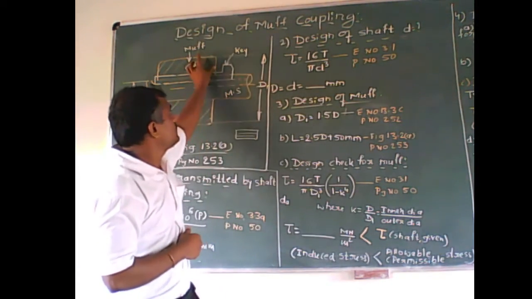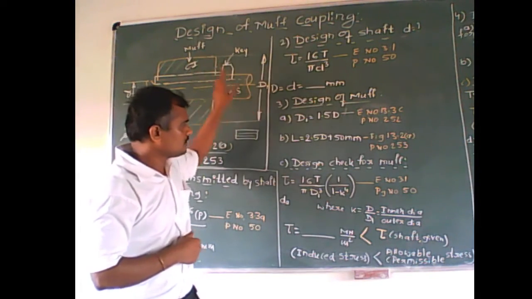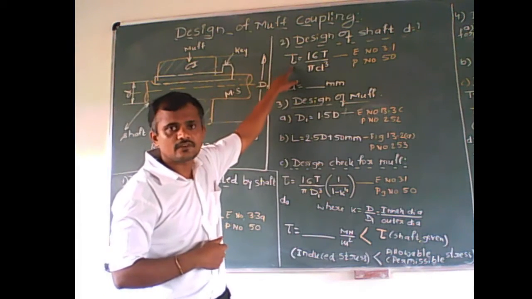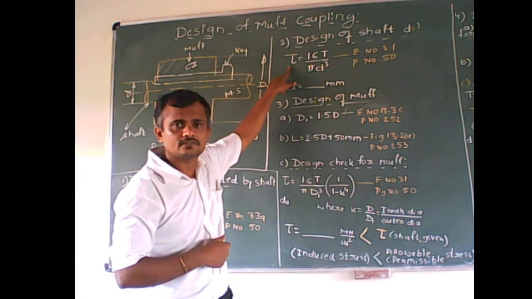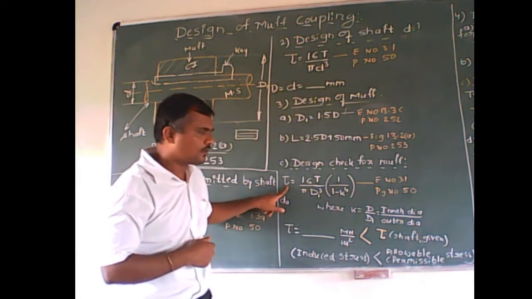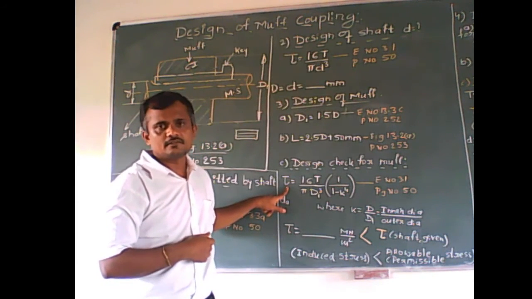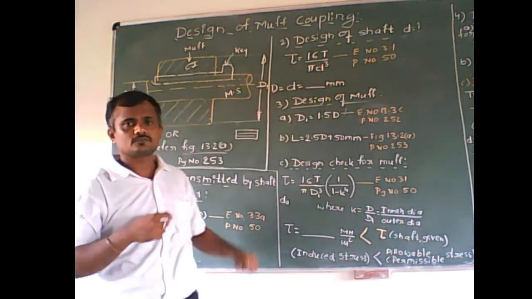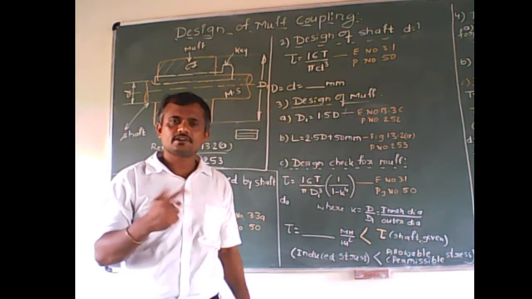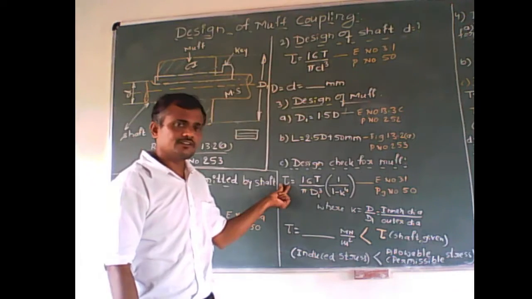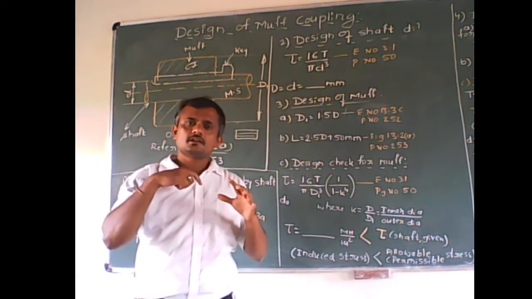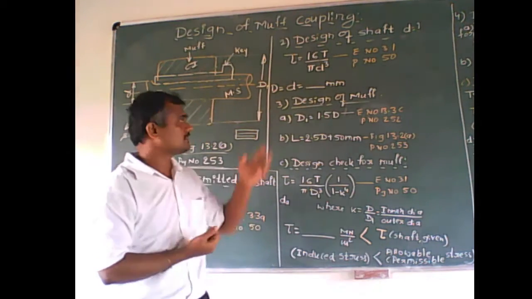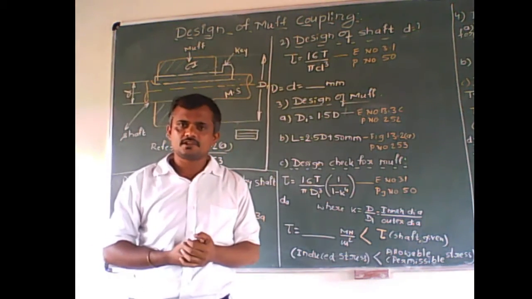Therefore, for the muff tau is different, for the shaft tau is different. This tau is of the shaft material. This tau is of the muff material. Muff material will comparatively be harder to hold the shaft and key. Therefore, we are using this muff as somewhat stronger, with a somewhat compressive nature compared to the shaft material.